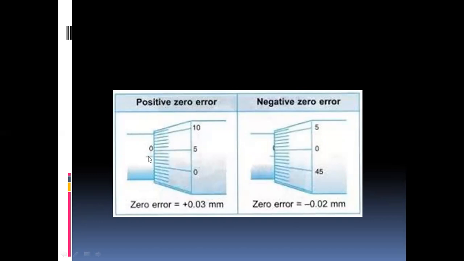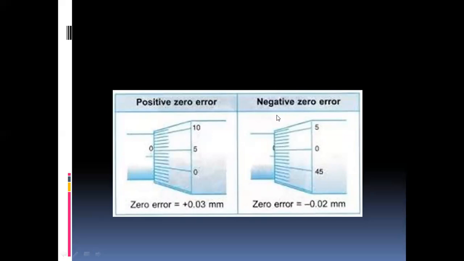This is index line 0, and this 0 is 3 lines, 1, 2, and 3, under the 0 of the index line. So the zero error will be 3 multiplied by least count, which was 0.01 millimeters, and we will get plus 0.03 millimeters. And we will write here a plus sign to show that it's a positive zero error.